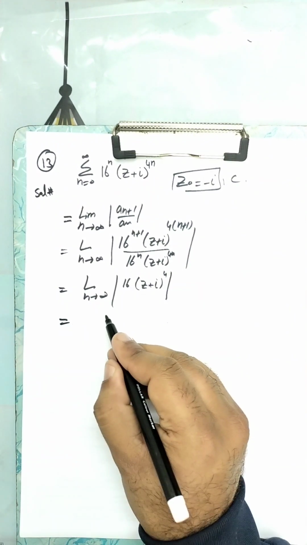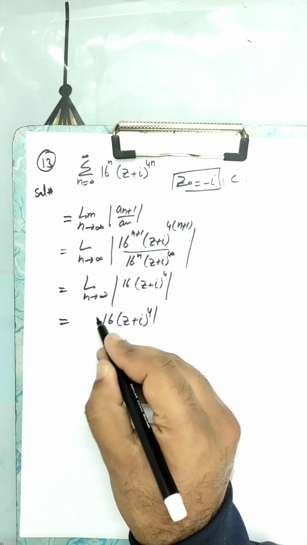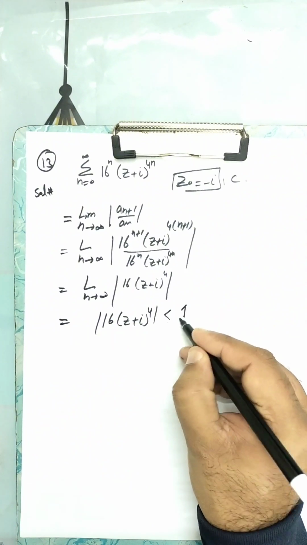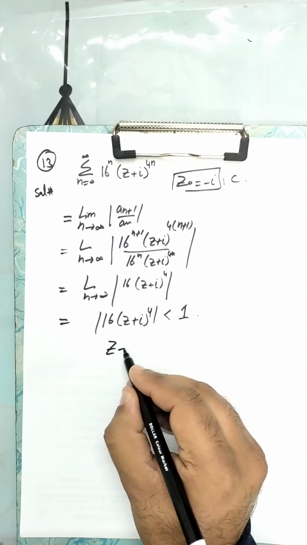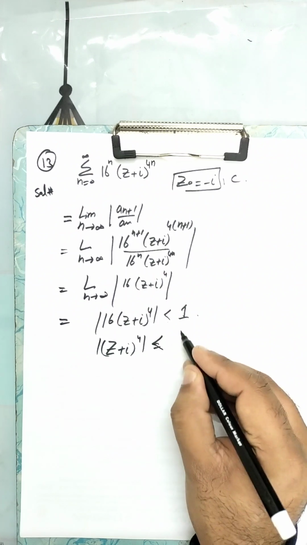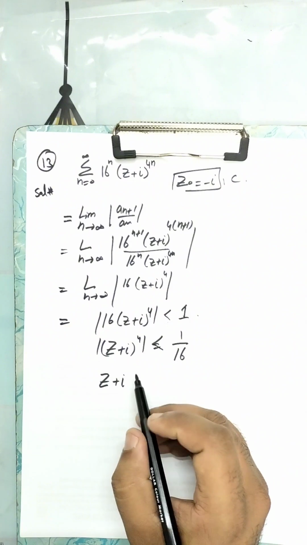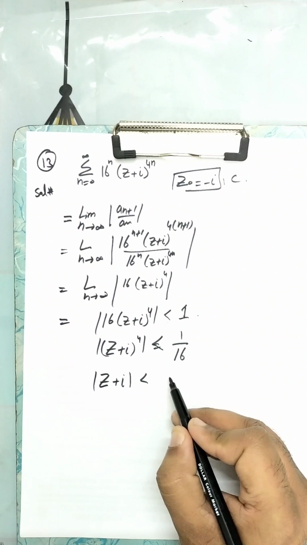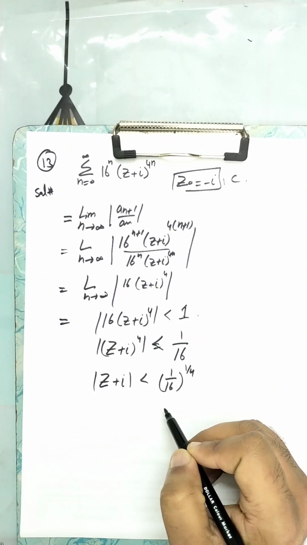So this limit is 16 |z plus iota|^4, and we know that the ratio test converges if its limit is less than 1, so we get |z plus iota|^4 less than 1 over 16, and |z plus iota| is less than, taking the power 1 over 4 on both sides, 1 over 16 to the power 1 over 4.